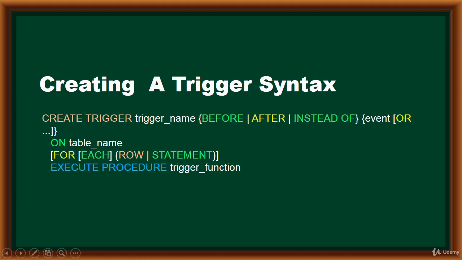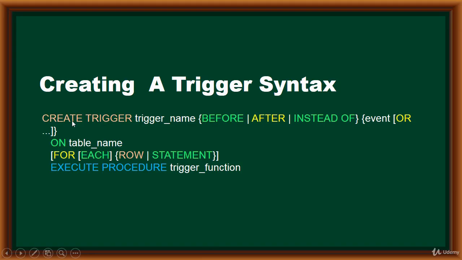You start with the create trigger statement. The complete syntax of create trigger can be a bit complex because it has many options. So for the sake of illustration, I'm just using this basic simple form to show how the create trigger syntax works.